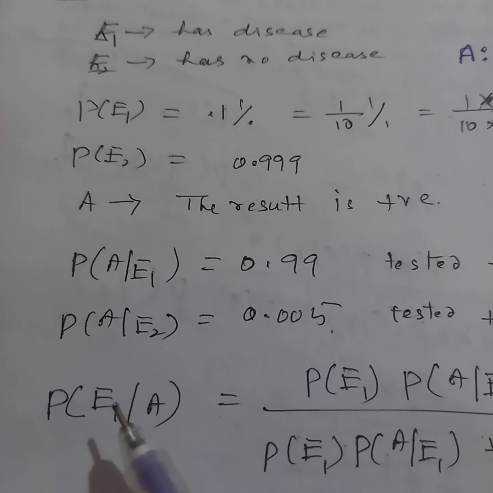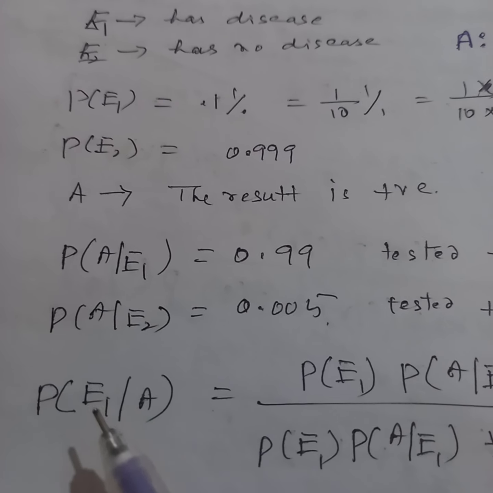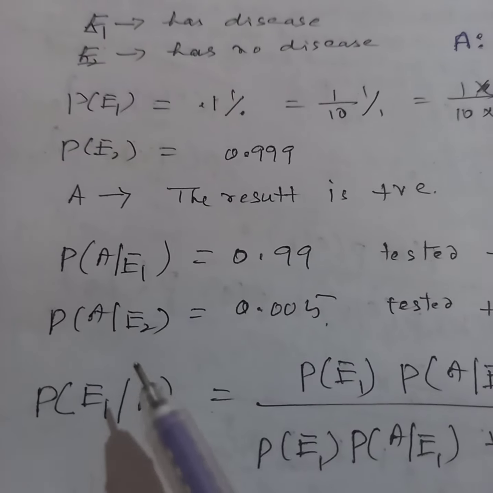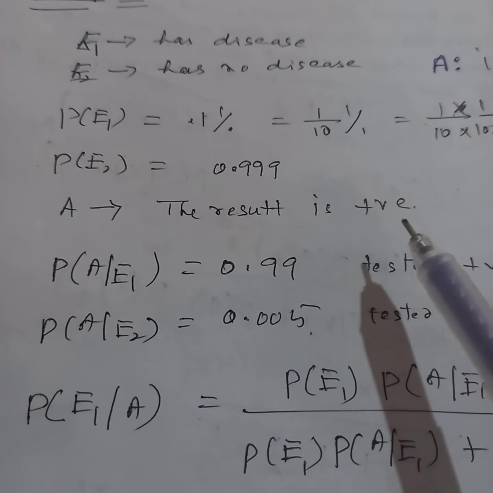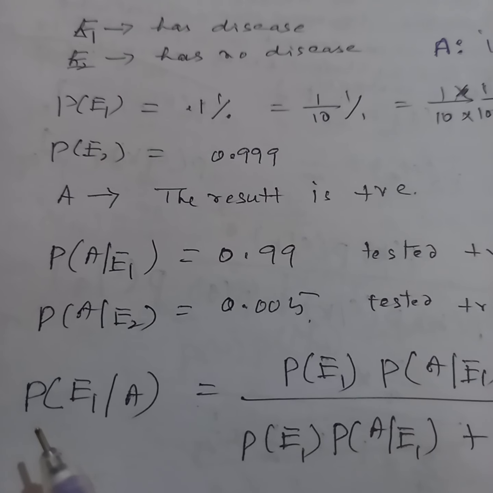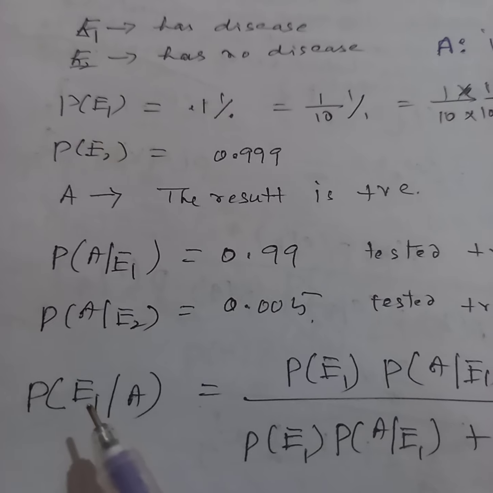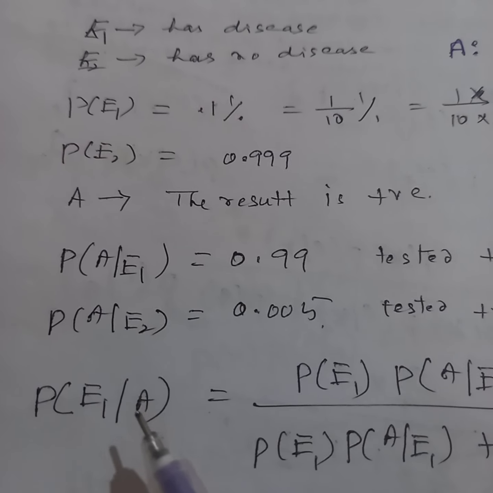Probability that a person has disease, given that he has been tested positive. What is given here? Test result is positive. This is what we have to find out.